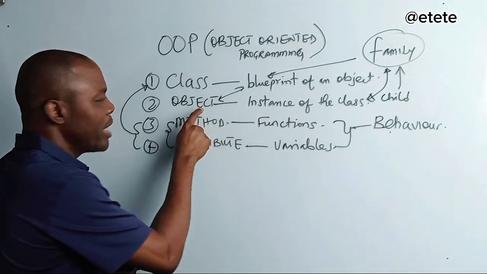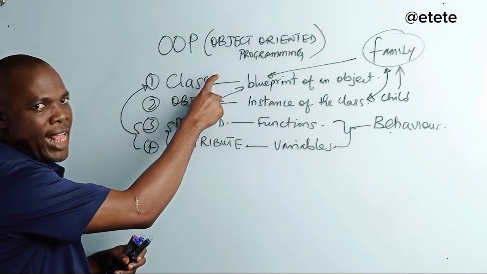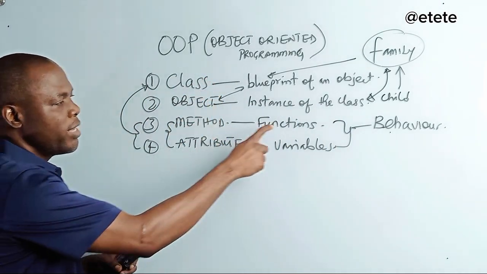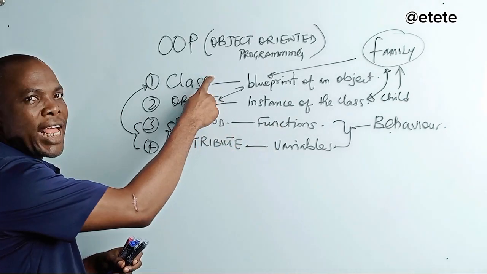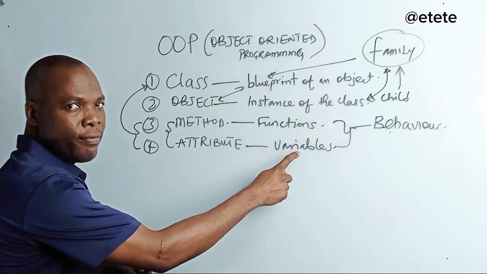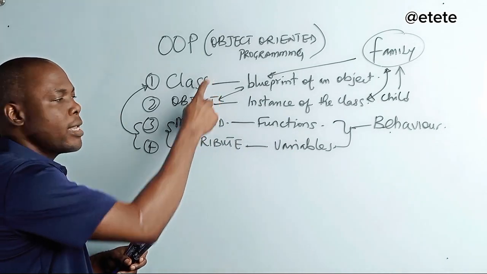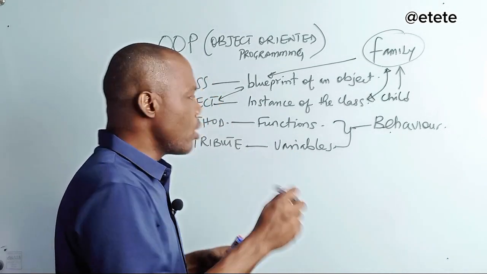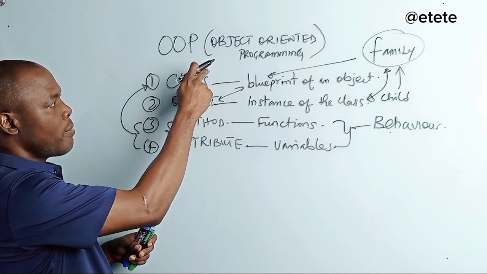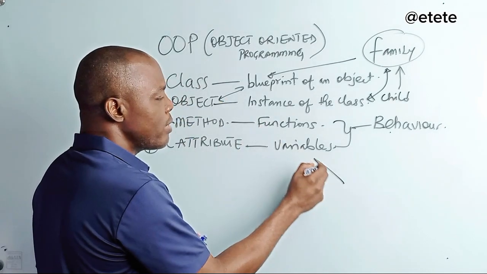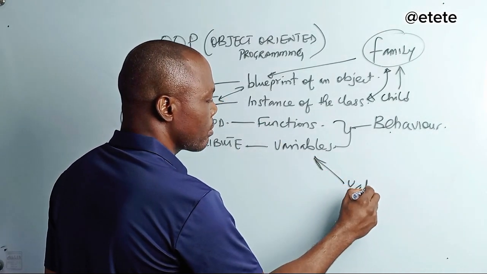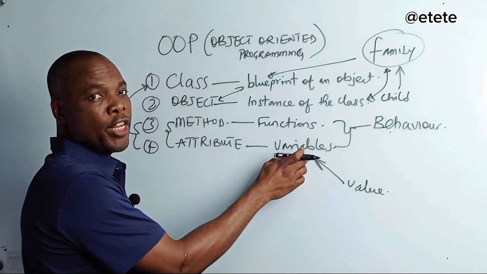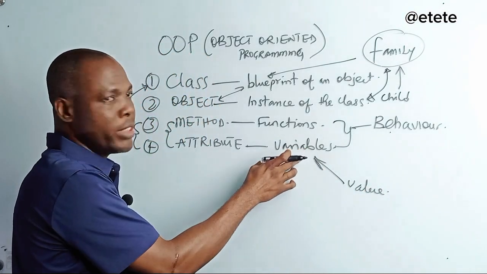So an object is an instance of what? Of a class. Method is a function that is inside the class. Attribute is a variable that is inside the class. Once you create an object from this class, you supply values to this variable, which is the state of that object.